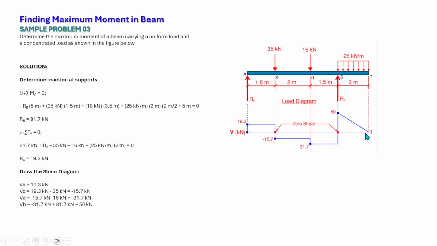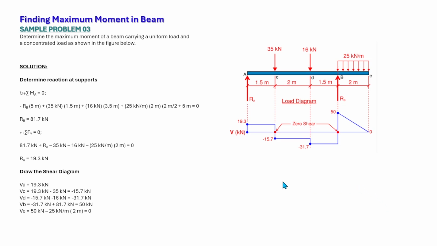Now, at point E, that is 50 minus 25 times 2, which is equal to 0. Between B and E, the load is uniform, so in our shear diagram this is linear. But here there is no load, so we have a constant shear force. Meaning to say there's no load in between.